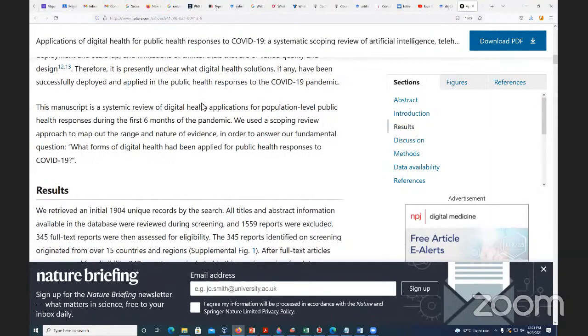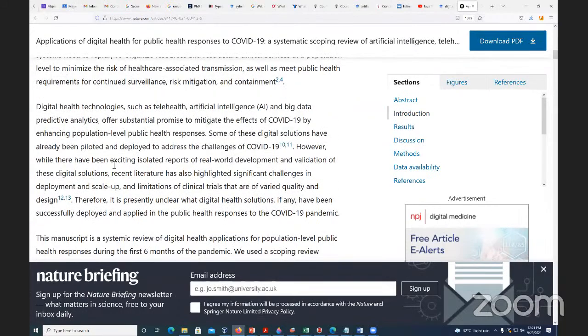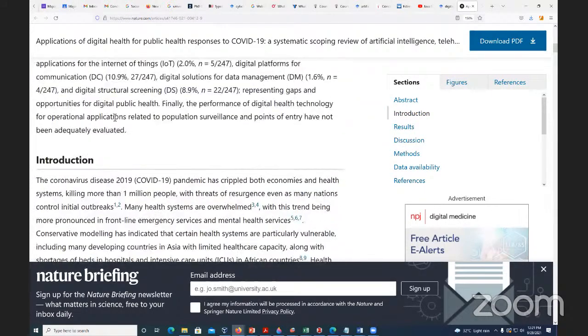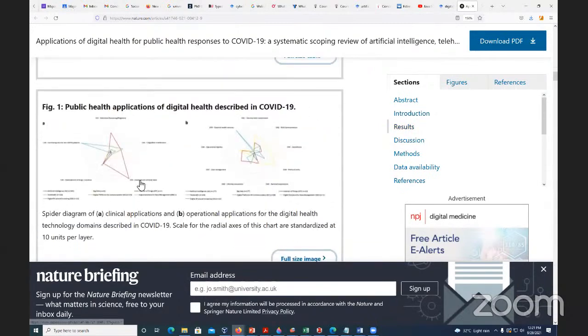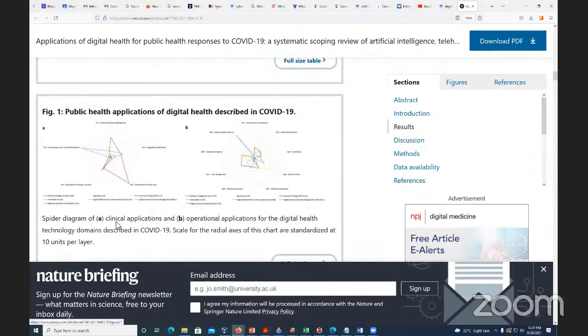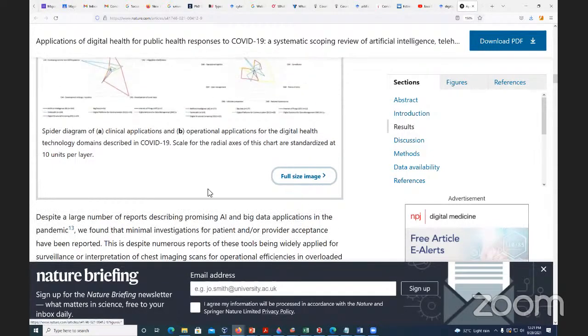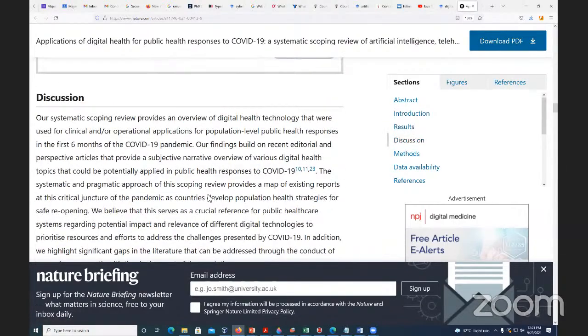This is basically telling us a little bit about digital health and what's been happening with COVID. That's what the background is about, and we go straight into it. This is a diagram showing what's happening. We could look at the rest of it, but I don't see it from here.